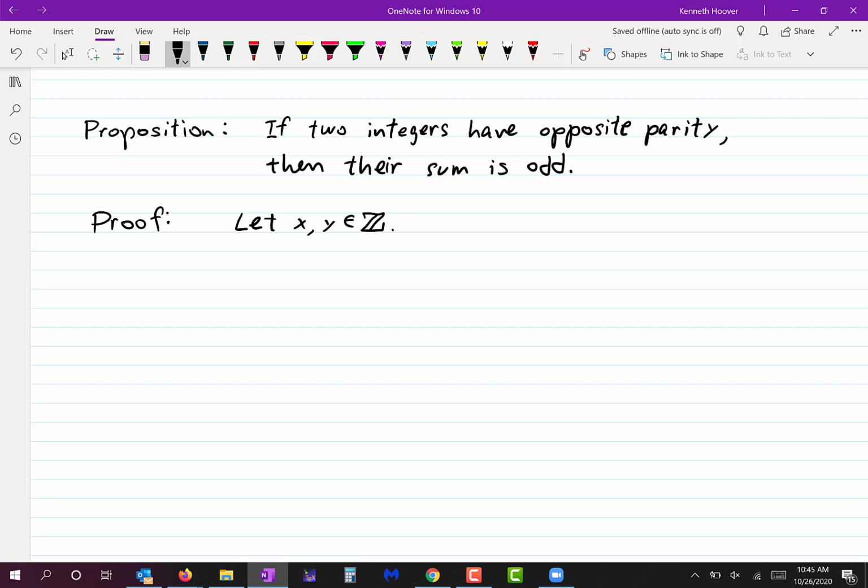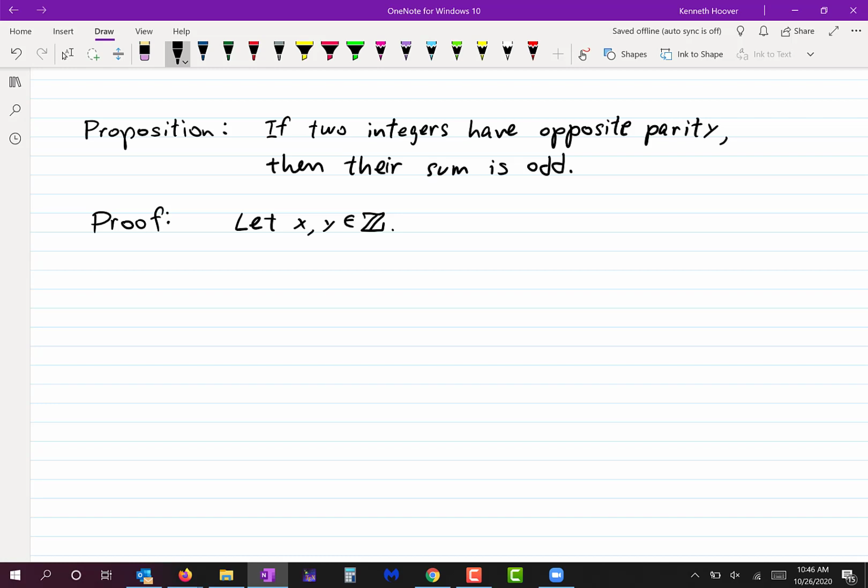So how many ways can that happen? You could say, well, only one way, and that is if one of them's even and the other's odd. That's true, but use the names that we've written down. Use x and y. So isn't there two ways that they can have opposite parity? One is x even, y odd, and the other is x odd, y even, right?